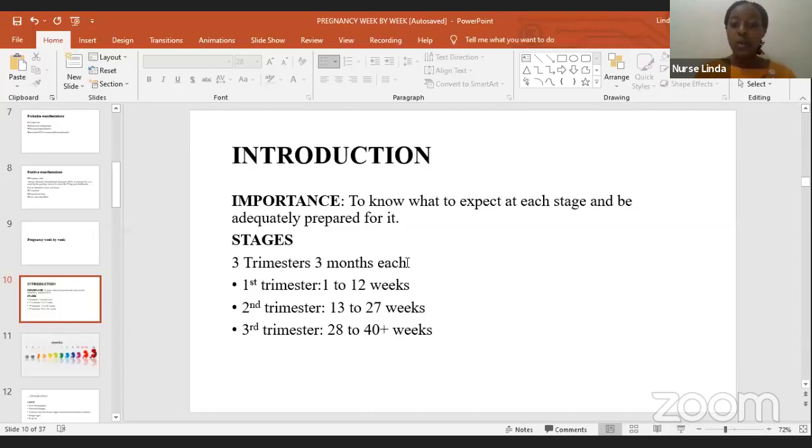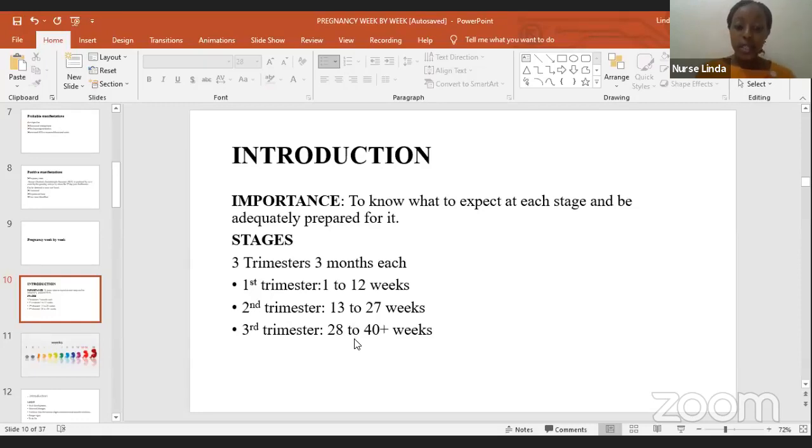And we are going to look at this, having structured the pregnancy. The pregnancy is a 9 months period, and it's structured in 3 trimesters. And each of the trimesters contains 3 months. The first trimester is from the first week to the 12th week of pregnancy. And we have the second trimester starting from week 13 all the way to week 27.